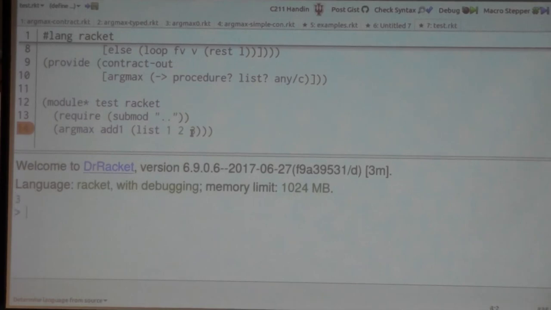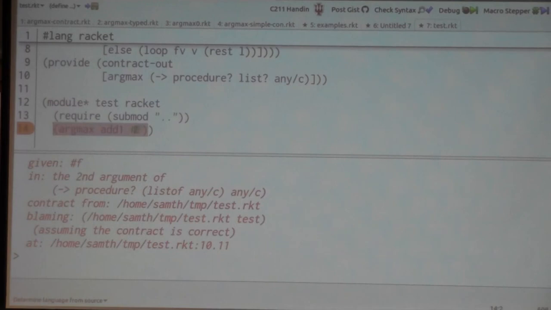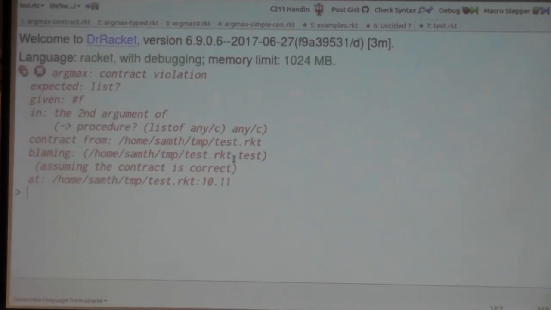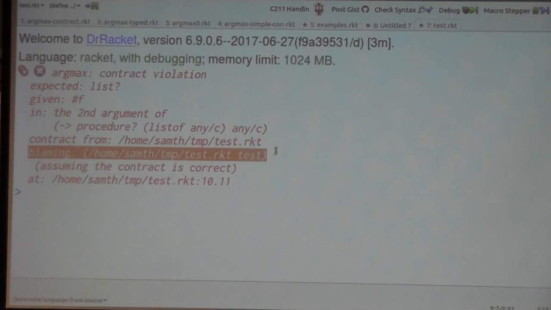We can call Argmax on this list, and we successfully get 3. And if we pass it something that doesn't satisfy the contract, we get an error. One of the really important parts about contracts is the errors that they produce. So I want to talk a little bit about this error. There's a few different parts of this error, but the most important one is this line right here, which is about who gets blamed.